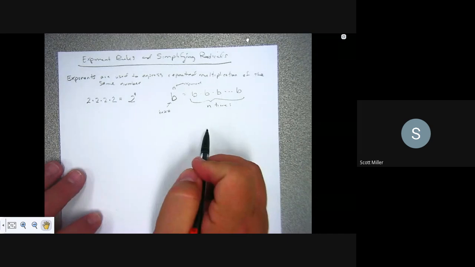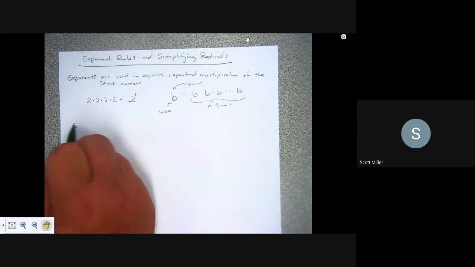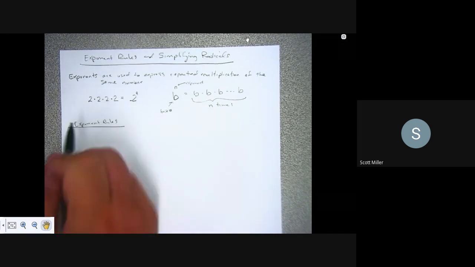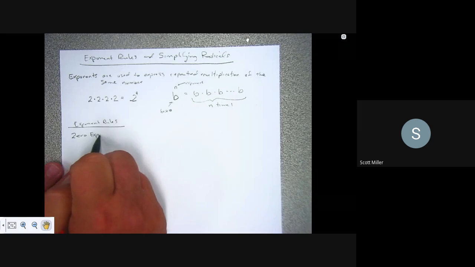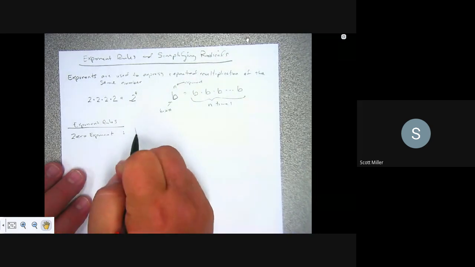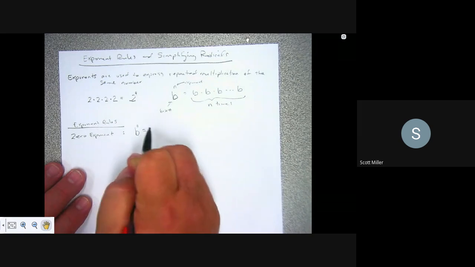Okay? So the first thing I'm going to do in my exponent rules, the first rule I always look for is the 0 exponent. A 0 exponent basically says if I have a base number to the 0 power, that is equal to 1 by definition.